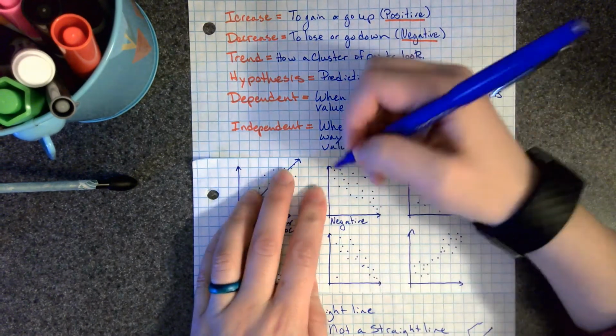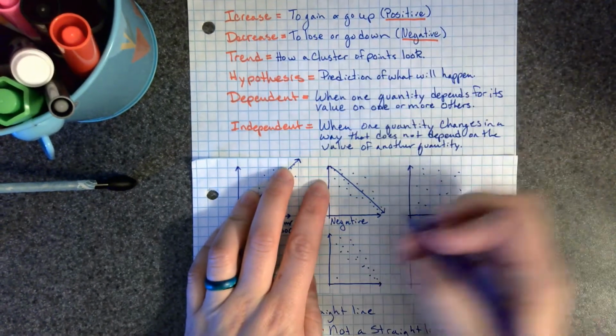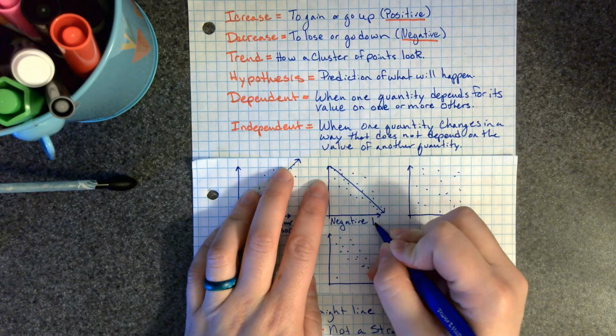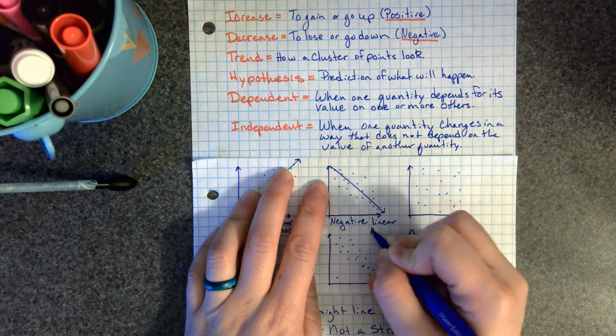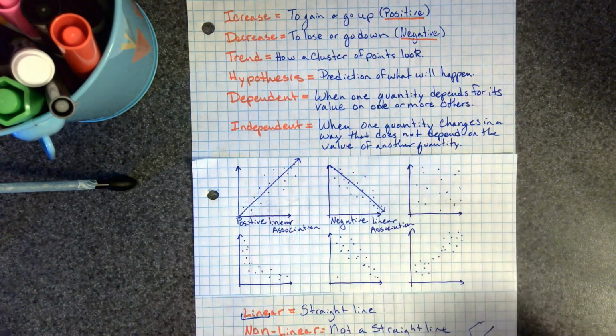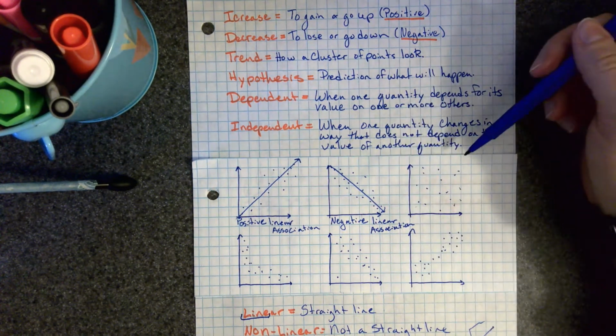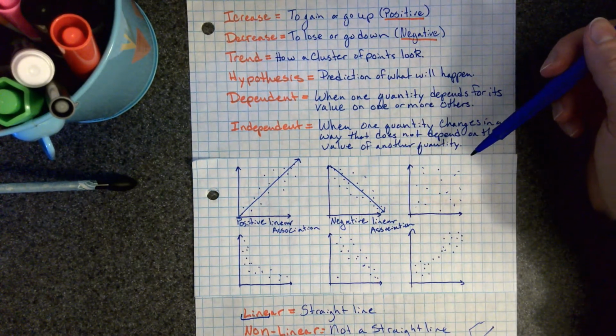Not just that, but I can draw a straight line right through the middle, which makes this a negative linear association. Okay? Moving on to the next one. What is the trend of the data?